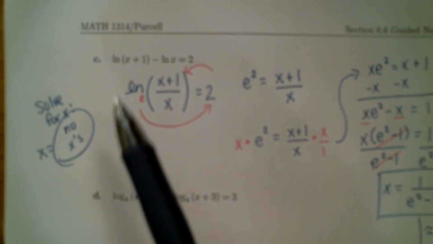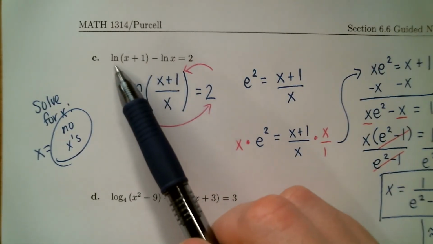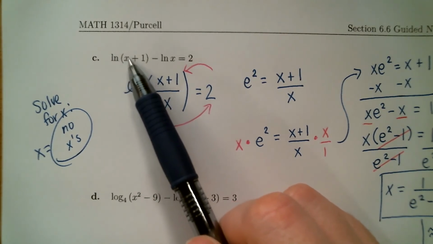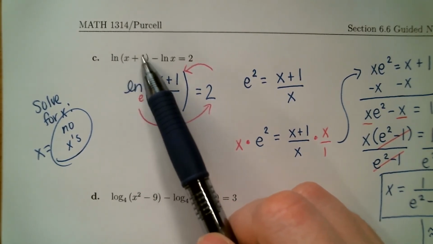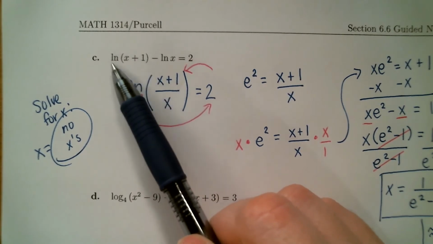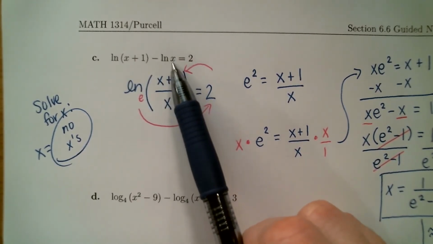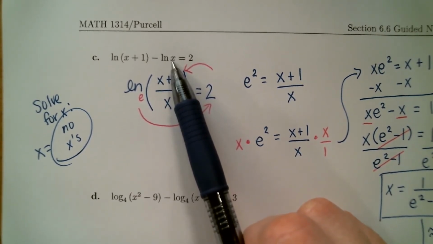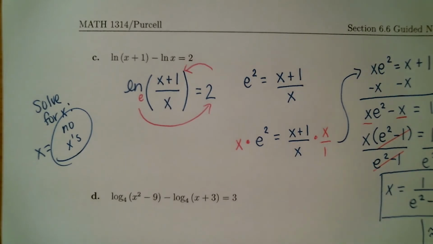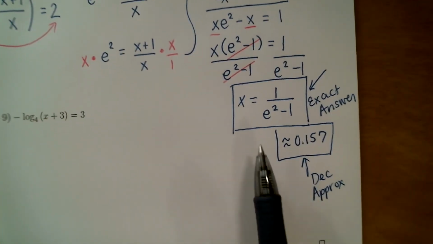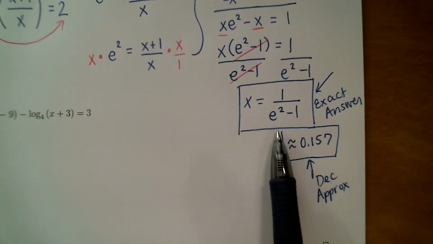If we go back to the original equation and plug it in, 0.157 plus 1 is going to be a positive number, so you're going to be able to take the logarithm of it. And then if you plugged in 0.157 here, you're taking the logarithm of a positive number, so it's going to be okay. So it works out. This is the solution to your equation.